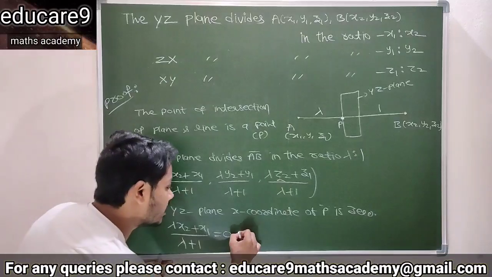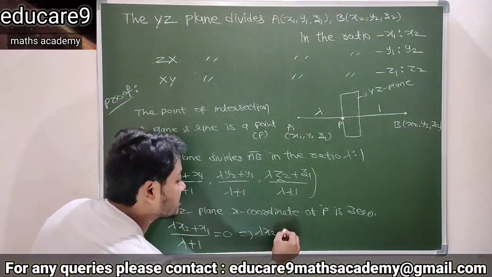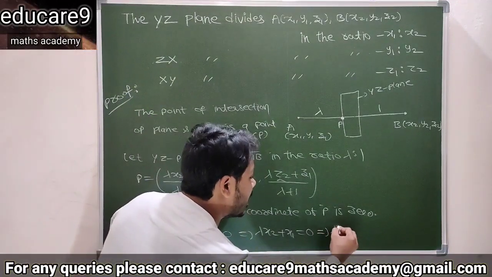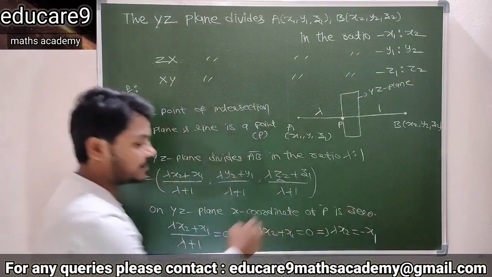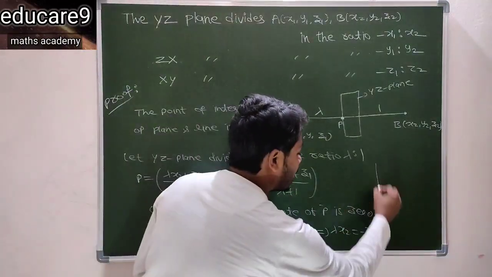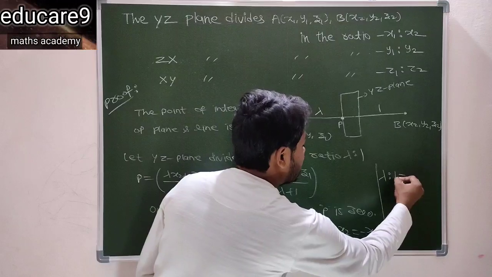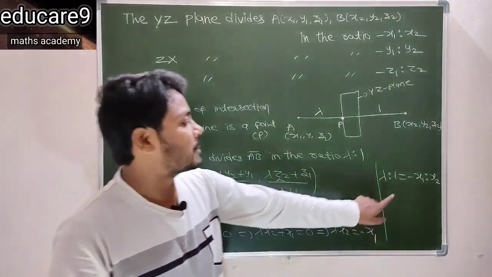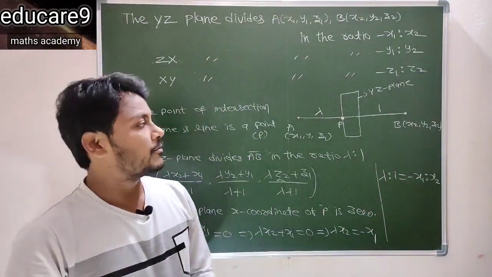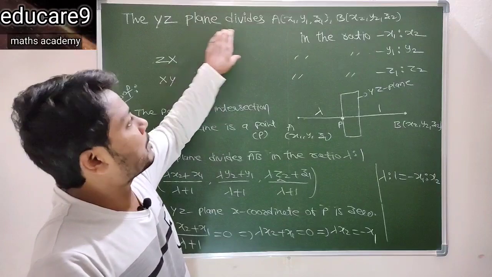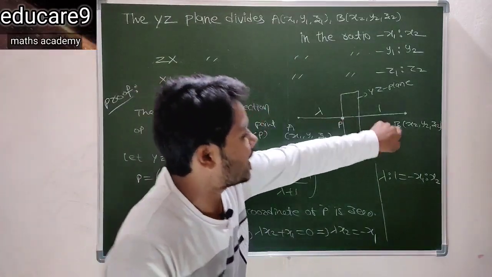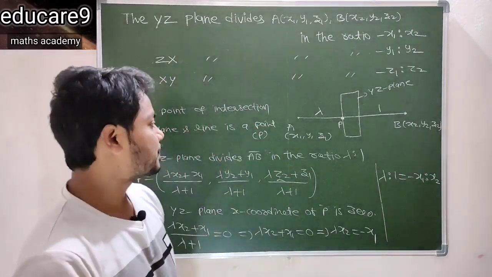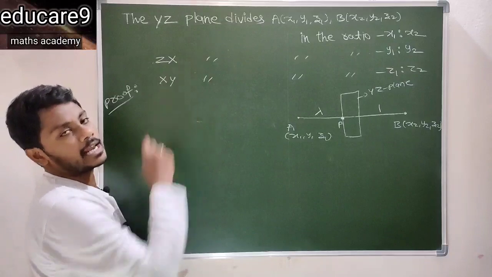That is, lambda x2 plus x1 is equal to 0, and lambda x2 is equal to minus x1. Therefore lambda is to 1 is equal to minus x1 is to x2. So the required ratio is minus x1 is to x2. From this we can say that the yz plane divides the line segment AB in the ratio minus x1 is to x2.